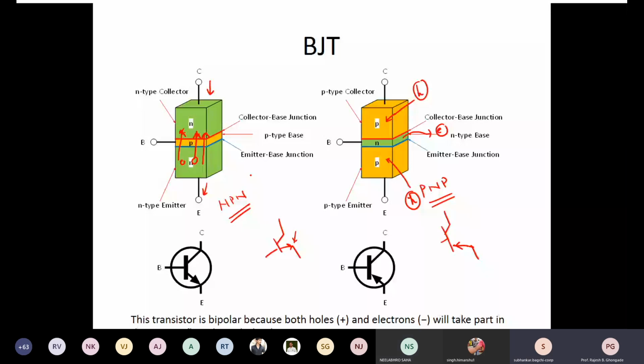The current concept of direction is opposite to the direction of electrons. Yes, conventional current. When we talk about conventional current, it is opposite to that of the electron current. Got it? All of you? Yes, sir. So the direction of current flow is from collector, I mean, it's like this actually. Whereas, what about this guy now?